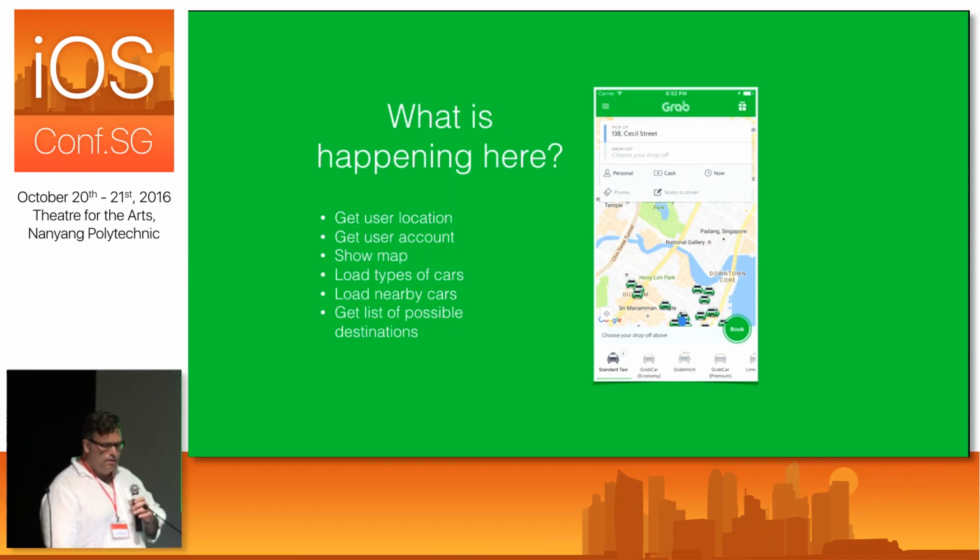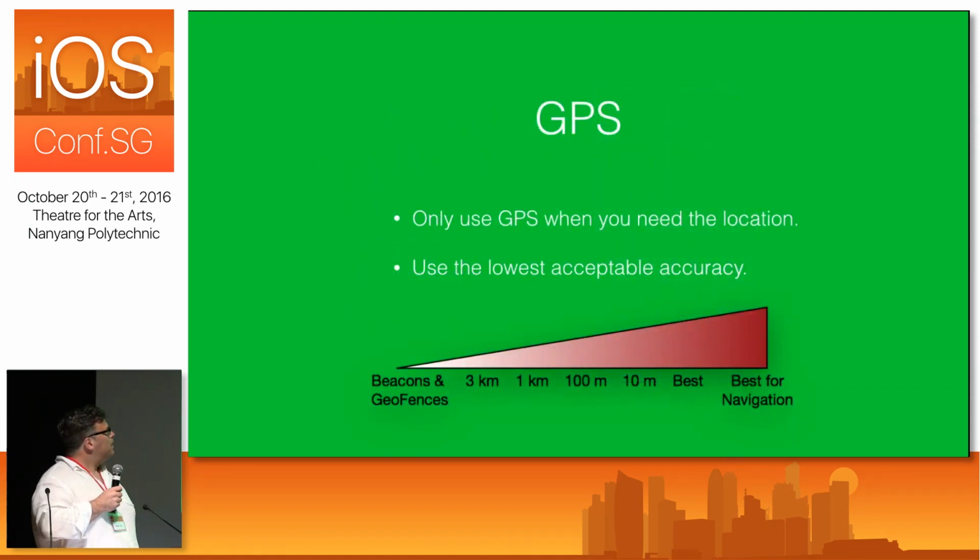Let's start with GPS. With GPS, there are different power levels for how accurate you want to be. And just use the lowest possible level of accuracy that you can. So beacons and geofences use almost no power. If you're using the navigation directions, it's using the maximum amount of power for GPS.